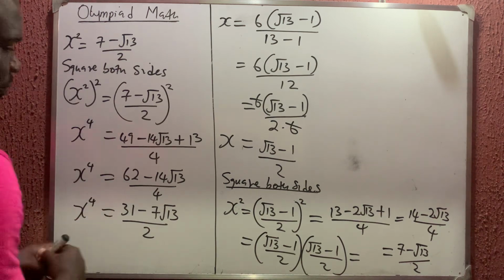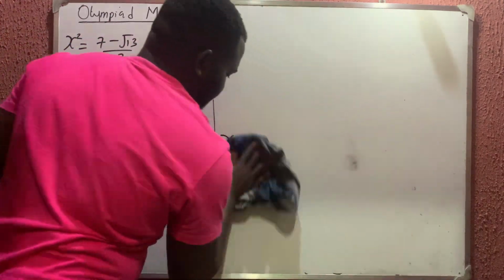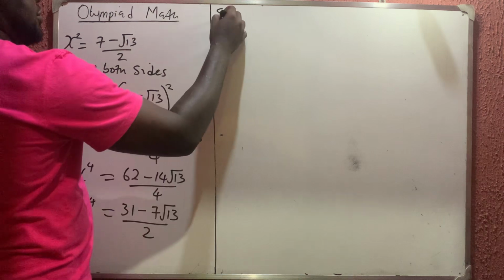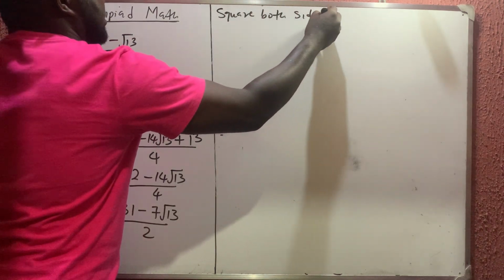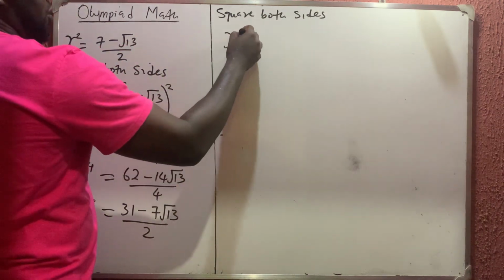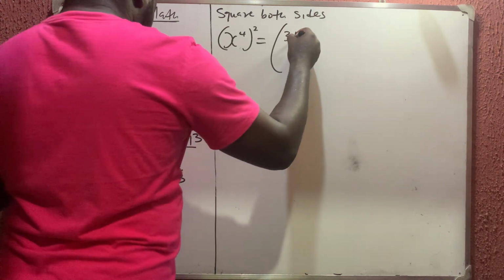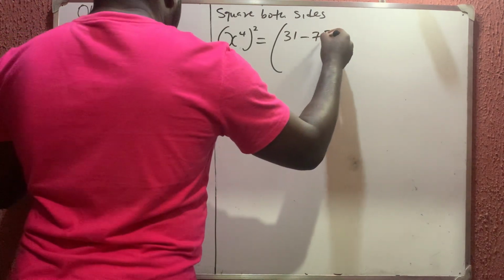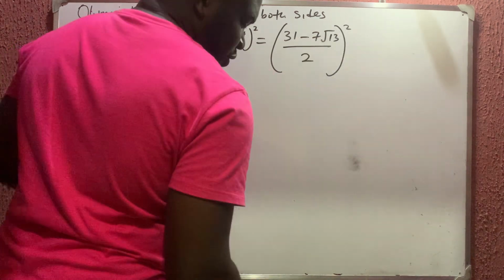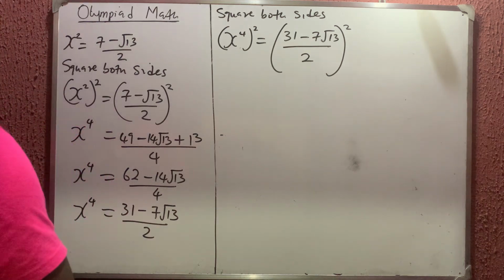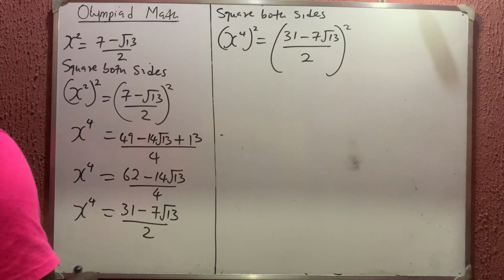Now let us square both sides again and see what is going to happen. I'm going to have x raised to the power 4 all squared is equal to 31 minus 7 root 13 divided by 2, all squared. Same thing again: square the first one, multiply the first and second one and double it, square the last one.